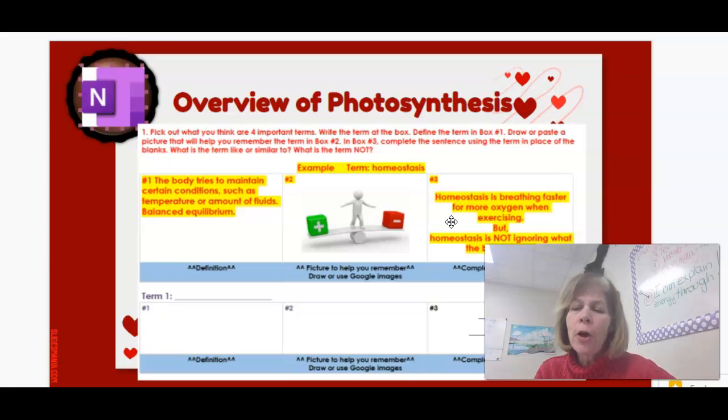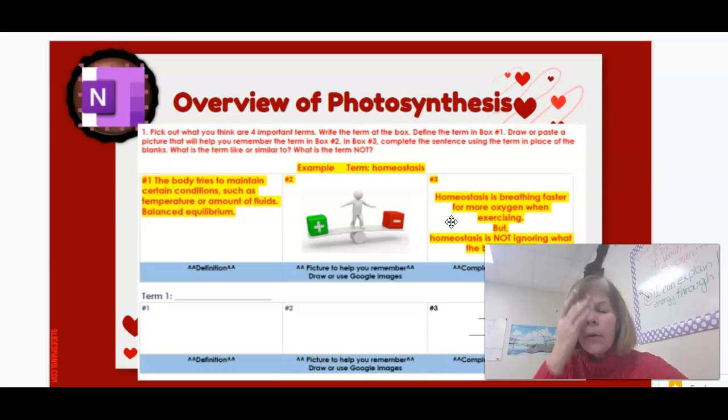So, for example, for homeostasis, homeostasis is breathing faster for more oxygen when exercising, but homeostasis is not ignoring what the body needs. So you can do examples like I just did, or you could do descriptive adjectives. It really matters what word you pick.